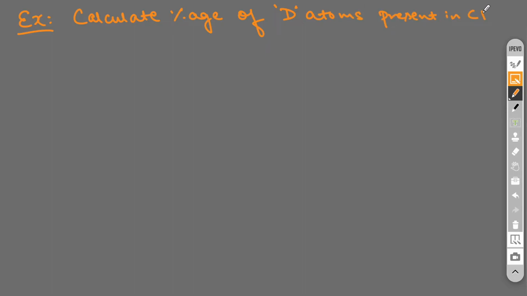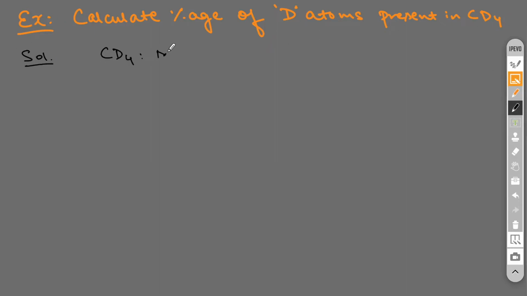Now moving further, we'll solve another example. Calculate percentage of D atoms present in CD4. This is another compound CD4. We'll solve it.